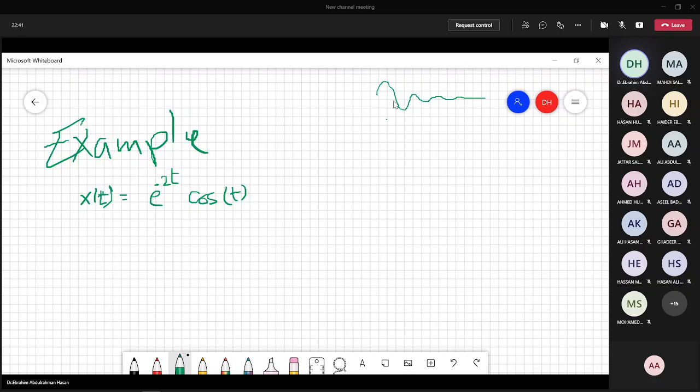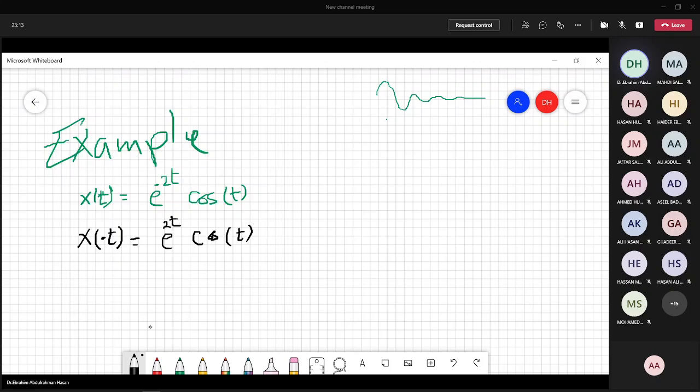So how to decompose this one into even and odd? So simply just apply the formula. To apply the formula, you need to find x of minus t. So x of minus t, just replace t with minus t. Then here we will get e to the power of 2t. And here we have cosine of minus t, and cosine of minus t is equal to cosine t.